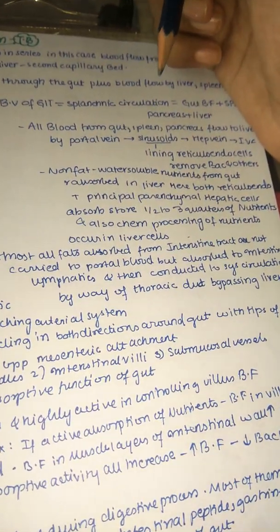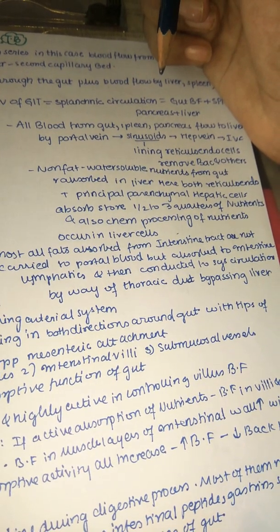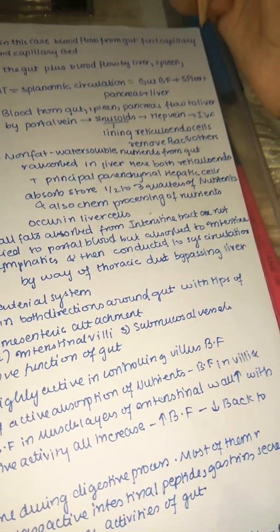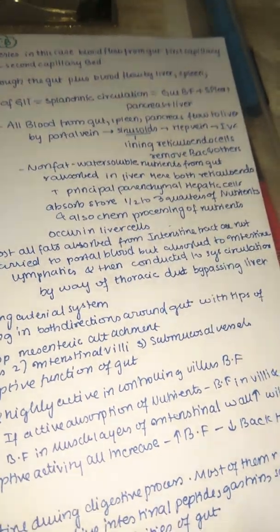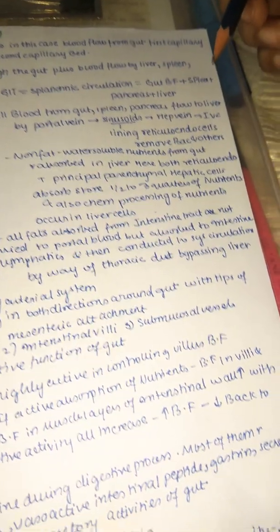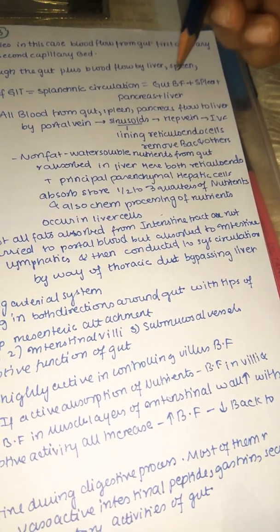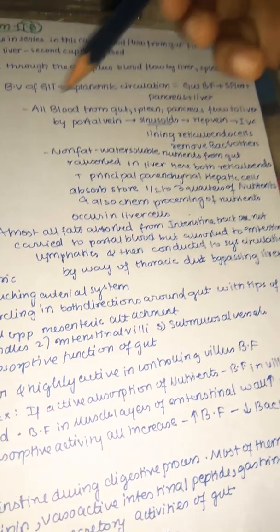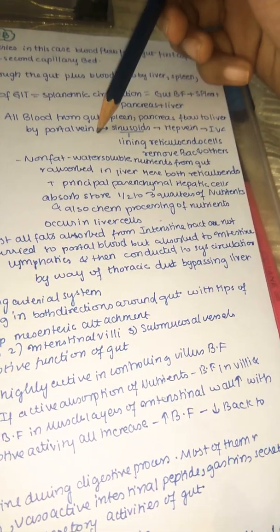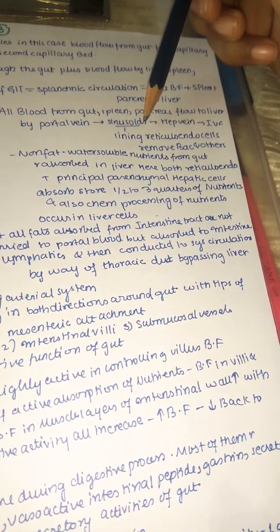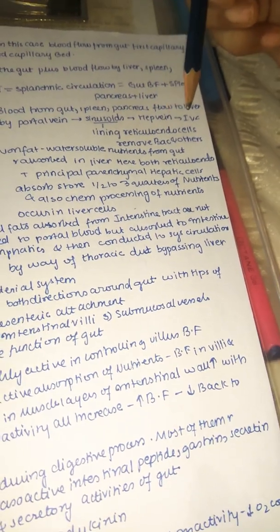The blood vessels of the GIT are mainly involved in splanchnic circulation. What the splanchnic circulation includes is the gut blood flow plus the spleen blood flow plus the pancreas blood flow plus the liver blood flow. All blood from the gut, spleen, and pancreas flows to the liver by the portal vein, and the sinusoids are lined with reticuloendothelial cells.